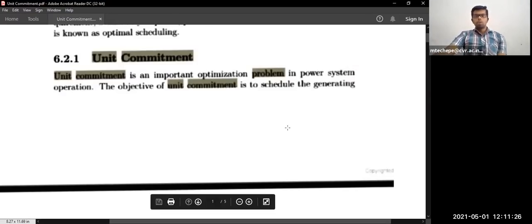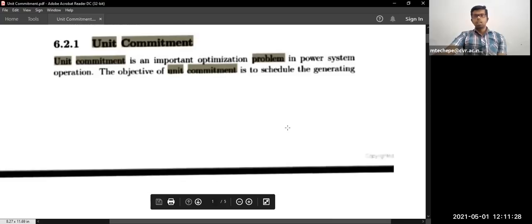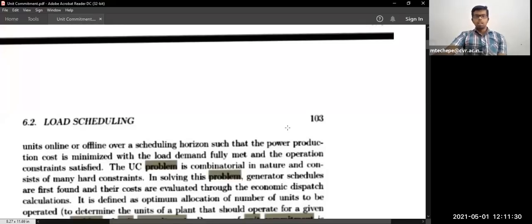The objective of the unit commitment is to schedule the generating units online or offline over the scheduling period or horizon such that the power production cost is minimized, with the total demand fully met and the operation conditions satisfied.